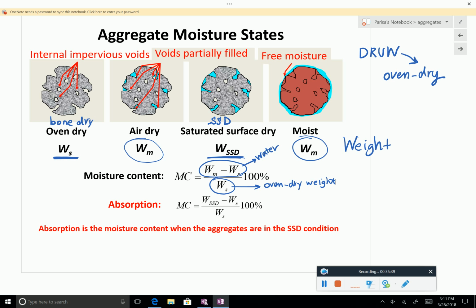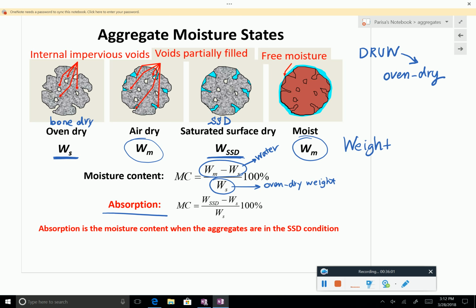And if you calculate the moisture content when the material is saturated surface dry, look at the picture. Those pores are completely filled with water. Then this is called absorption. But in terms of what it is, it's just a moisture content. It just has this name, right?